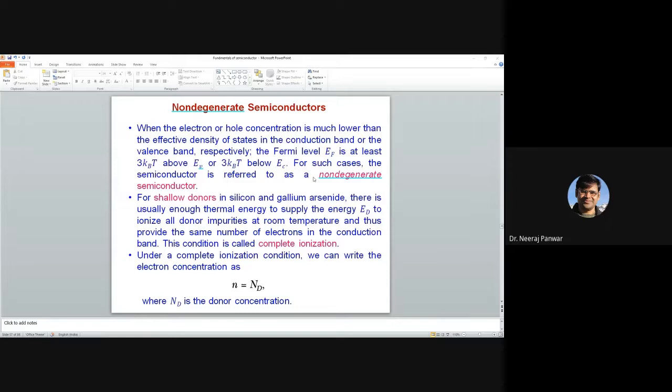So I told you the effective density of states is 10 to the power 18 to 10 to the power 19 per centimeter cube.